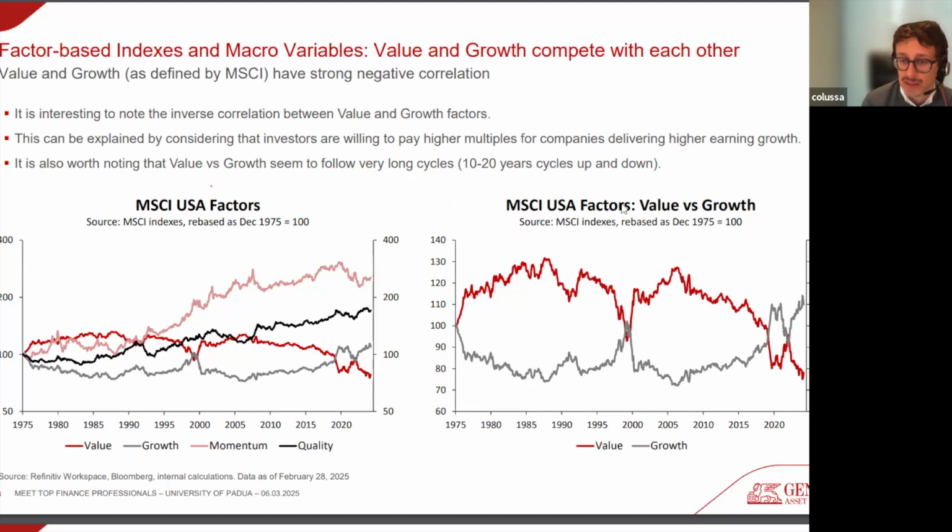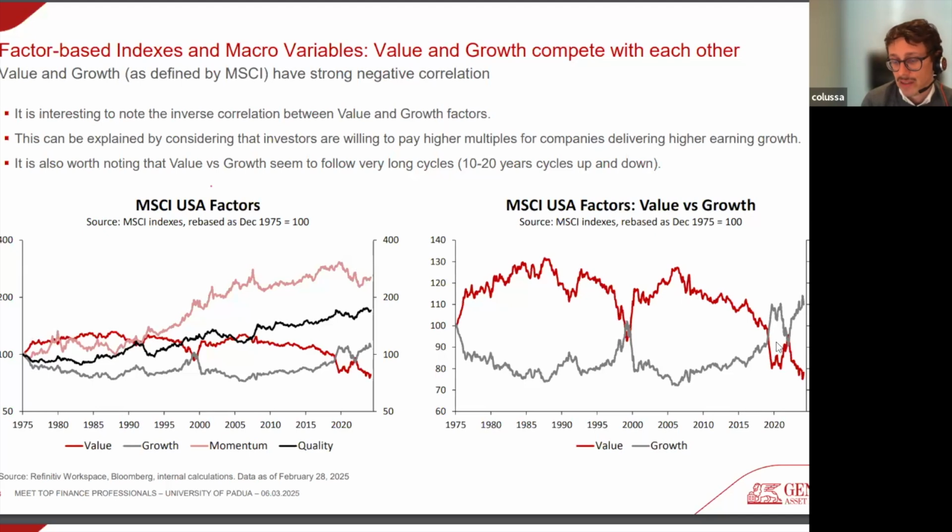You see that basically value dominated in the late 70s until the mid 80s. It's the period where inflation was very elevated. Then it suffered quite a lot from 85 to basically the burst of the dot-com bubble. When the dot-com bubble exploded, we had again this outperformance of value versus growth.